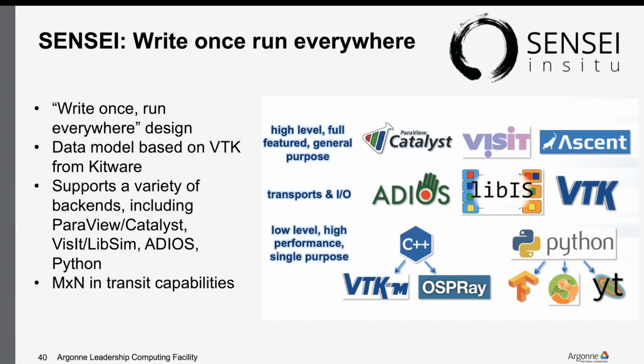You can use ADIOS, for example, which is another DOE technology coming from Oak Ridge, to either save your data or move it through the network. You could use C++ if you want to implement your analysis in C++, or Python if that works best for you, or integrate with the existing and more common visualization tools like Catalyst and VisIt in ParaView. Okay?